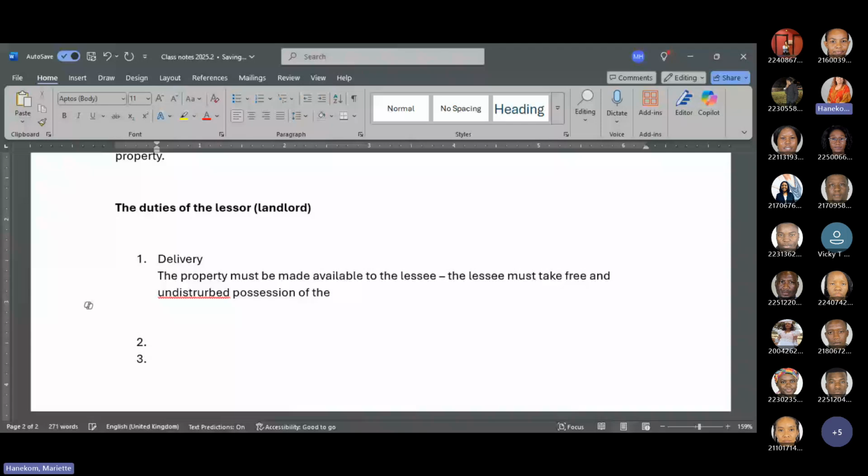So if you are renting a house at the date when your lease starts, it should be available for you. If there are still other people staying there, then that is a problem, and the landlord, the lessor, will be in breach of contract.